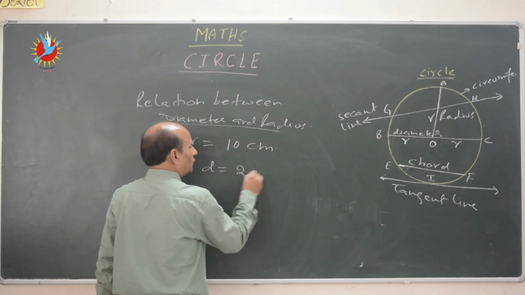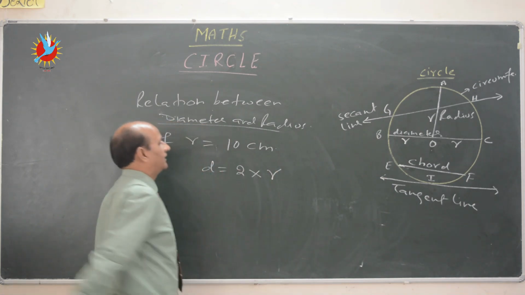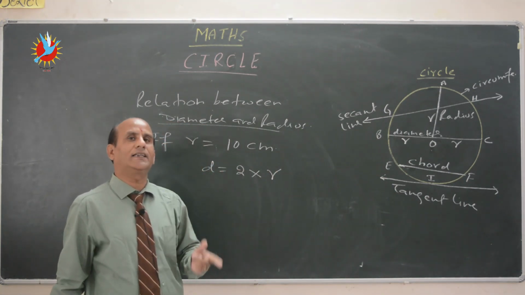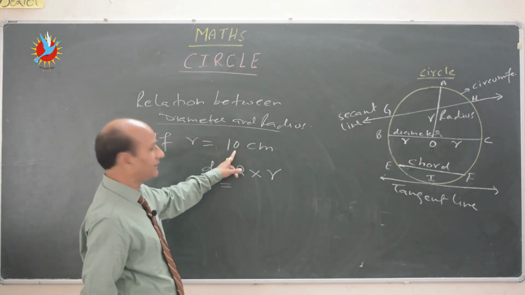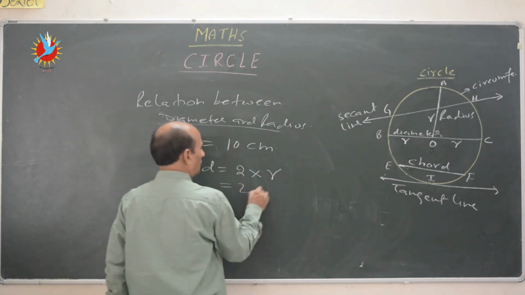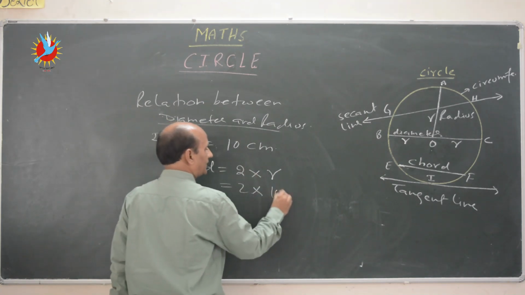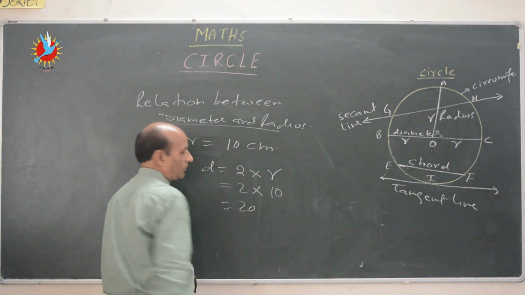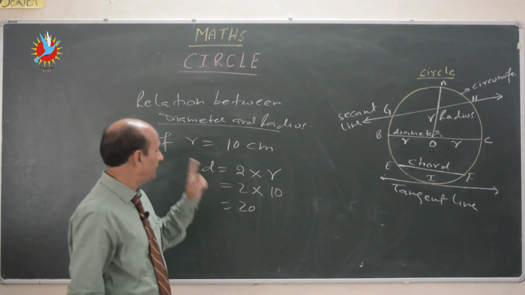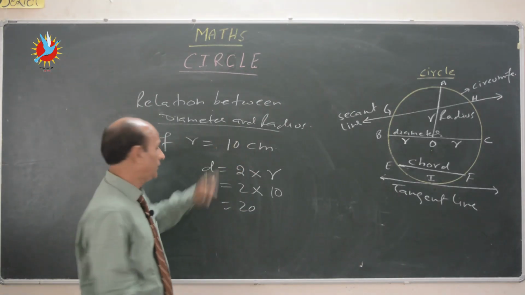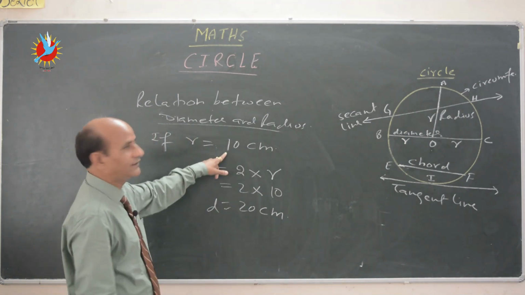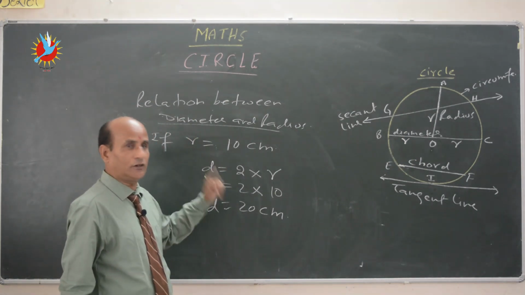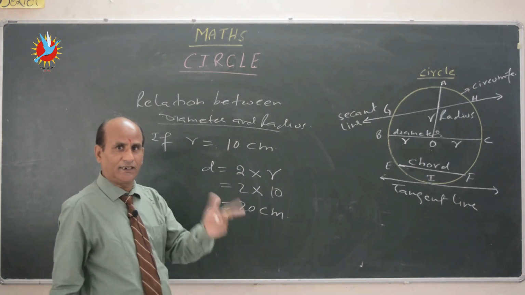Diameter is equal to 2 multiplied by radius. So what is the value of radius? It is 10 centimeter. So putting the value of r, it is 10, so it is 20. Now the unit of diameter is same as the unit of radius, so it is 20 centimeter. So when the radius is 10, then diameter is 20, because diameter is just double the radius.